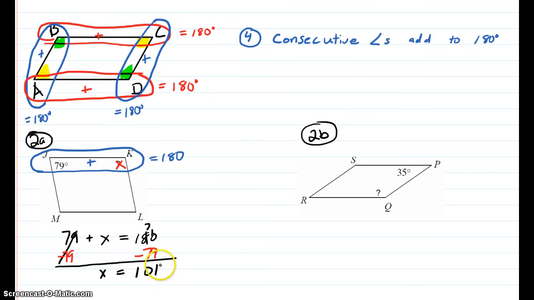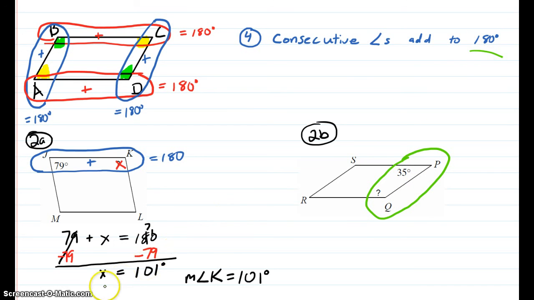So x equals 101 degrees. And so let's write a sentence that says the measure of angle K is equal to 101 degrees. So I want you to try 2B now, but I'll give you a little hint. We're going to look at these two angles. And what we just learned is that these two angles will always add up to 180 degrees.